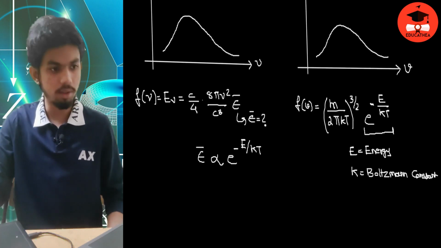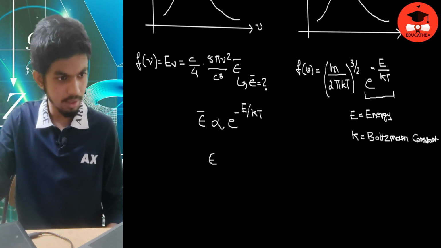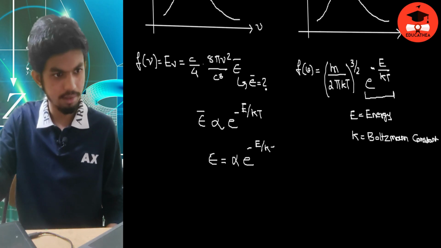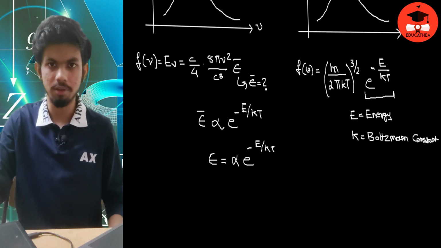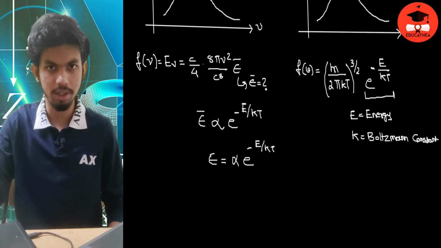So if we carry forward with this assumption, then we can write epsilon bar is equal to some constant alpha into e to the power minus E by kT, where E is the energy of the atomic oscillators which vibrate and give out black body radiations.